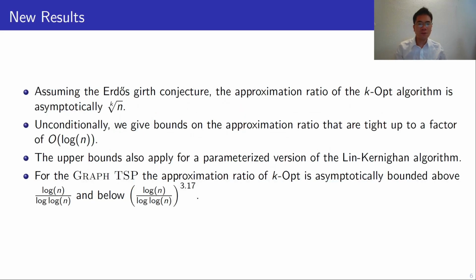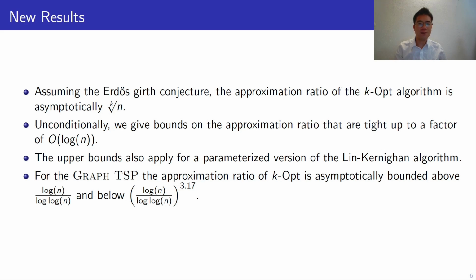As the new results of our paper, we show that assuming the Erdős conjecture, I will explain later what it says, the approximation ratio of the k-opt algorithm is asymptotically k-th root of n. Unconditionally, that means without the Erdős conjecture, we give bounds on the approximation ratio that are tight up to a factor of O(log n).